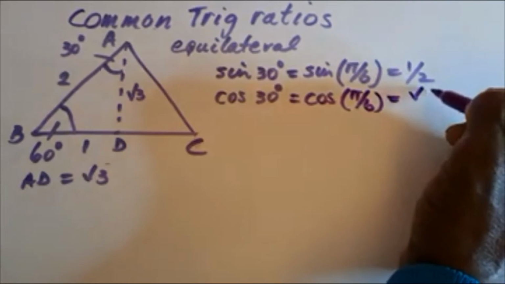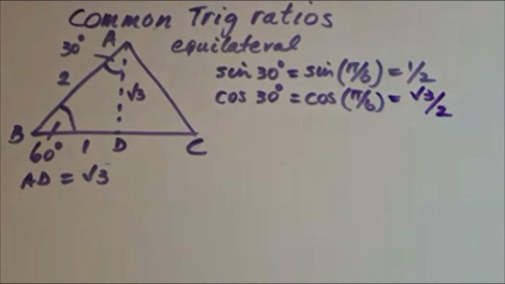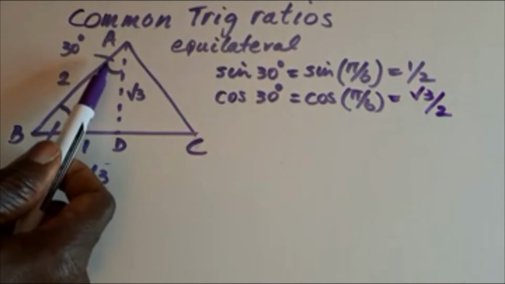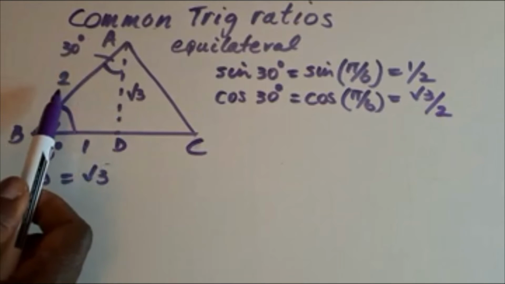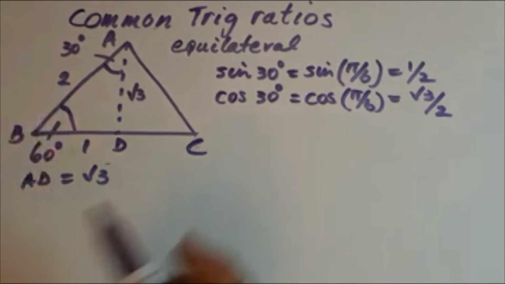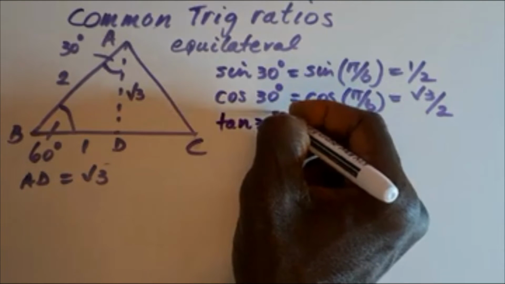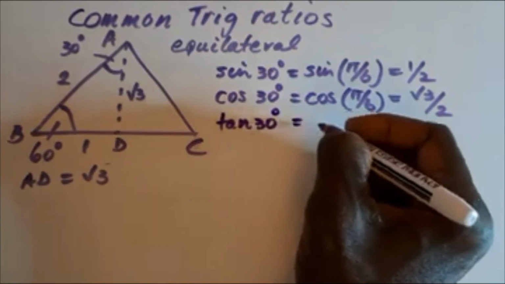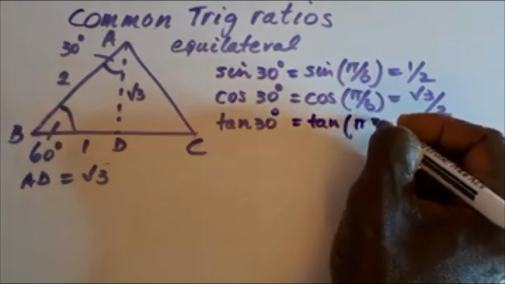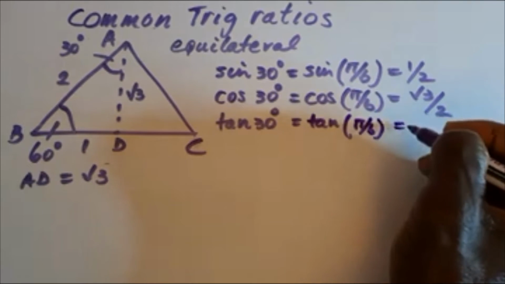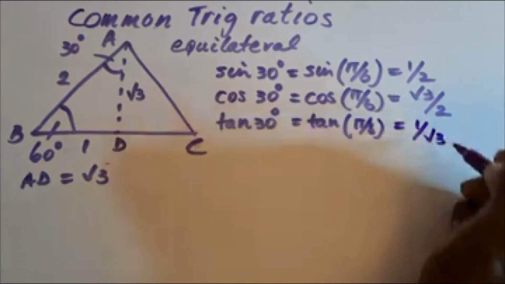It's equal to root 3 over 2. So cosine of this angle is the adjacent side, which is root 3, over the hypotenuse, which is 2. And then we have tan 30 degrees. That's equal to tan of pi over 6. It's equal to 1 over root 3.